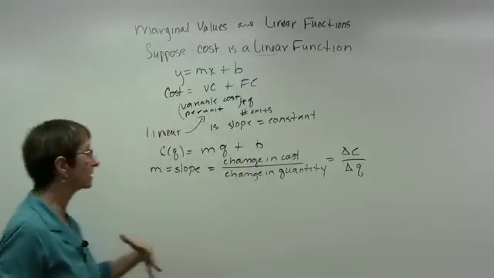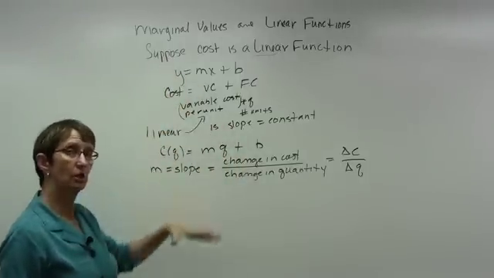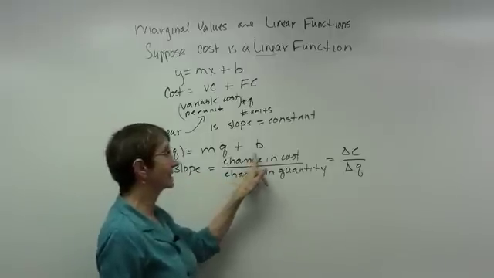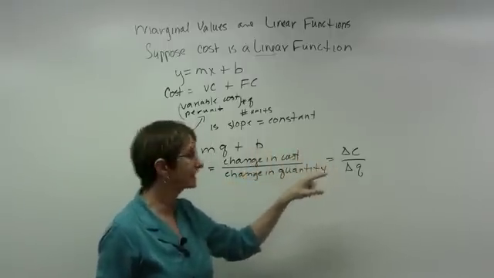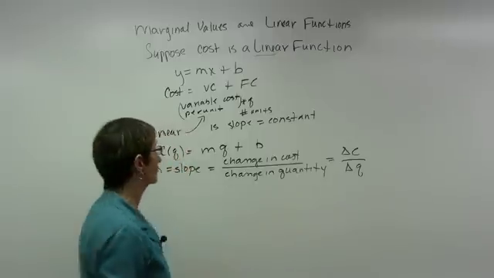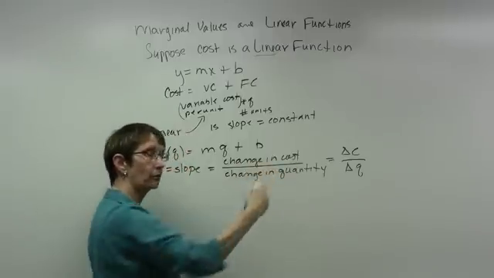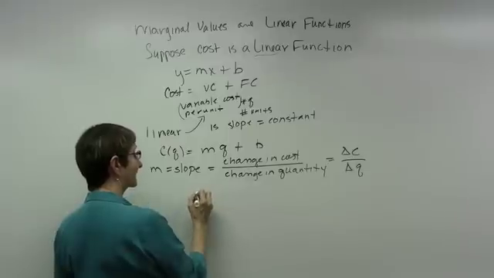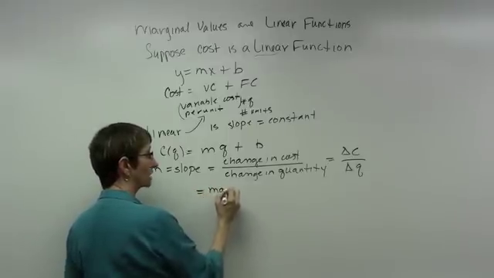Now if you think about it, marginal was the rate of change in cost per unit quantity. So that the slope that is our rate of change is also marginal cost.